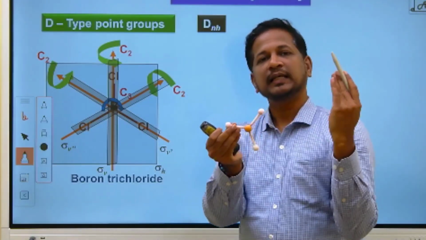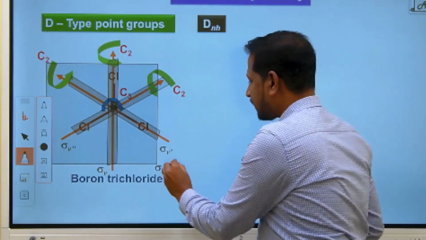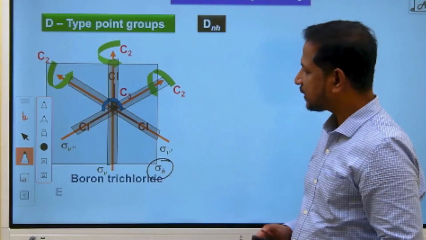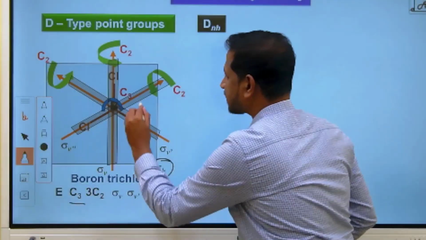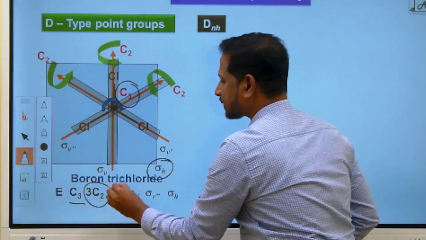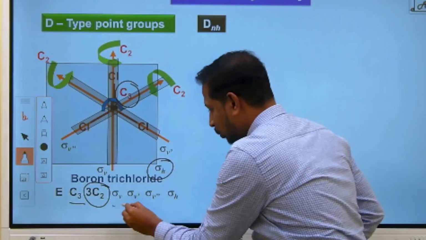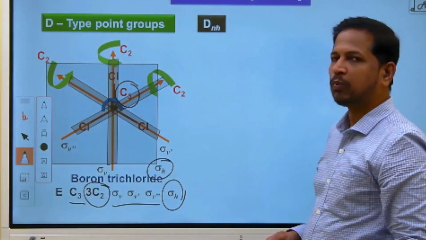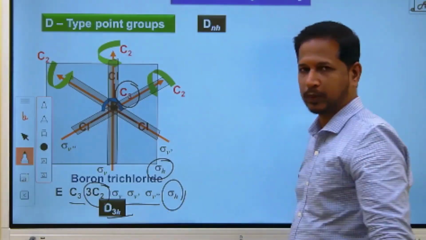This plane is perpendicular to the principal rotational axis, so this plane is called a horizontal plane. To summarize, this molecule contains the identity element, the C3 rotational axis, that is the principal rotational axis, three C2 axes perpendicular to the principal rotational axis, three vertical planes and a horizontal plane. Therefore, this type of molecule is classified into the D3h point group.